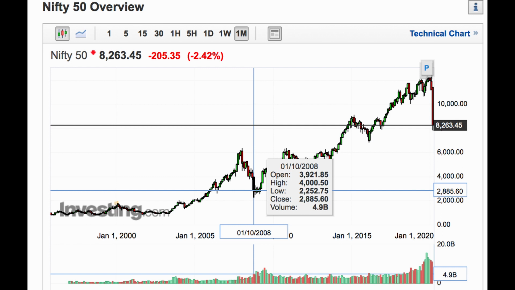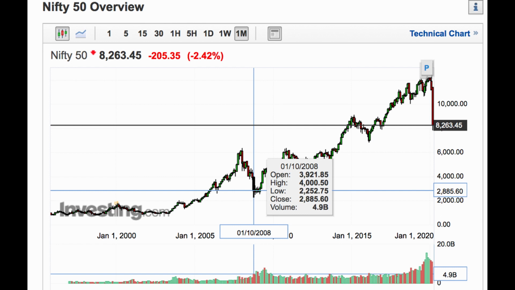Right, so that's how the market behaves, and those who invest in a disciplined manner, those who invest strategically in a staggered manner, as we discussed, always make some money, unlike others who invest irrationally and lose their money.